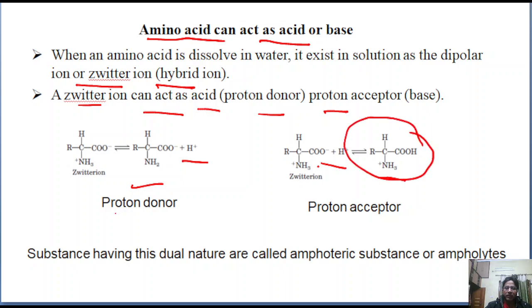In this way, the amino acid can work as an acid by donating a proton, and as a base by accepting a proton. Substances with this dual nature are called amphoteric substances or ampholytes. So amino acids behave as ampholytes, having the nature of an amphoteric substance.